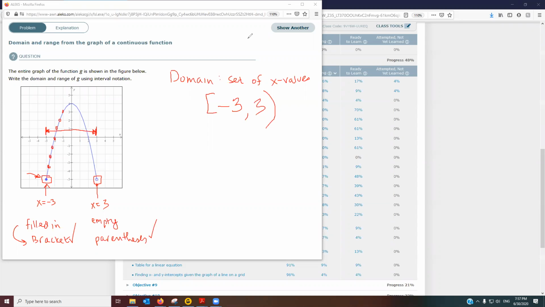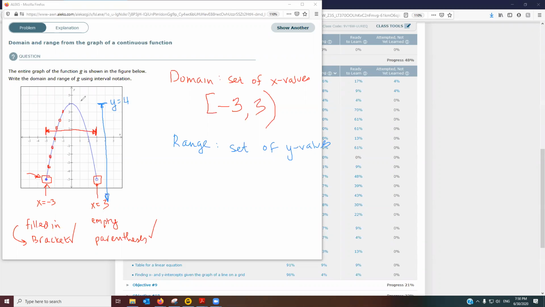Let's look at the other part of this, which is the range. Well, the range is the set of y values. So now what I have to do is put a ruler on the y-axis and ask myself, how far does this graph extend up and down? Well, on the top here, it looks like it's going up to 4.